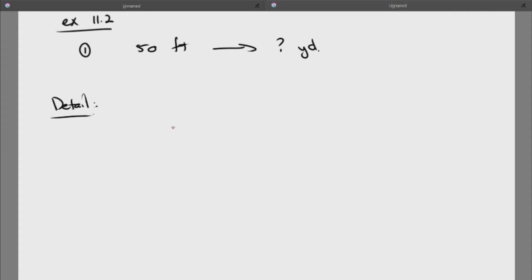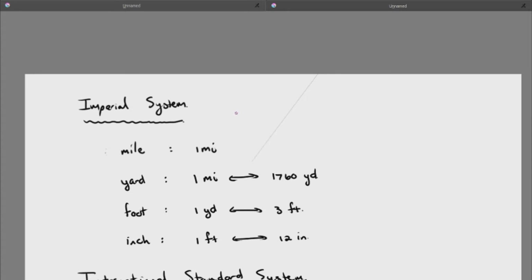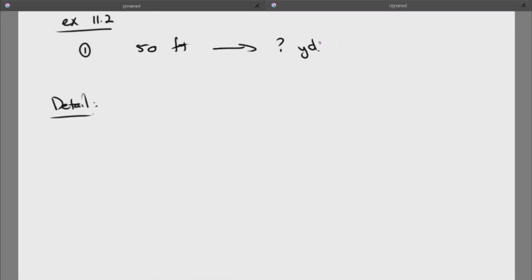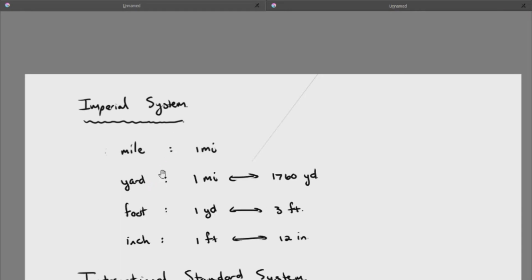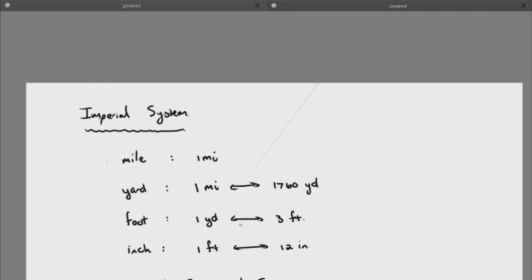So if you've done Math 142, you would remember that we did ratio equations, which also concern unit conversions. So what I do there is I have a reference pair, I call it. And in this case, we want to go between feet and yards. And I know that 1 yard is equivalent, according to the table, to 3 feet.